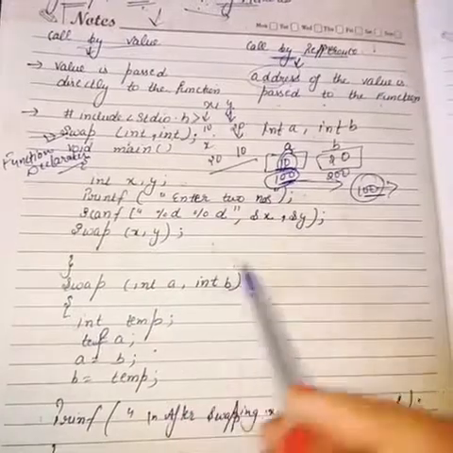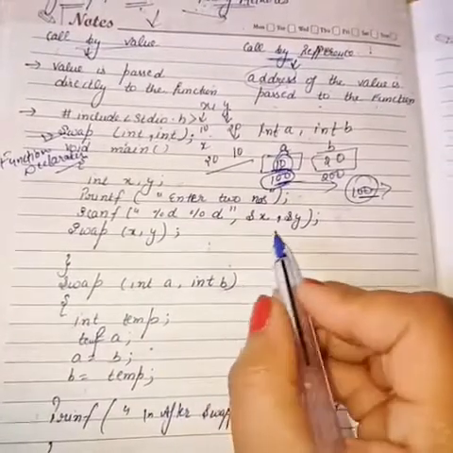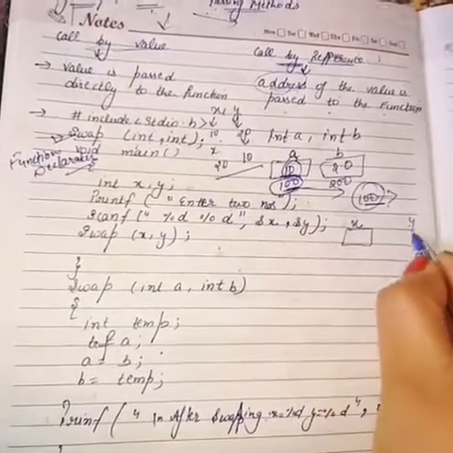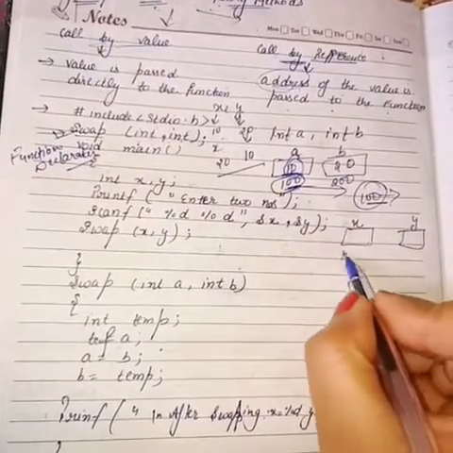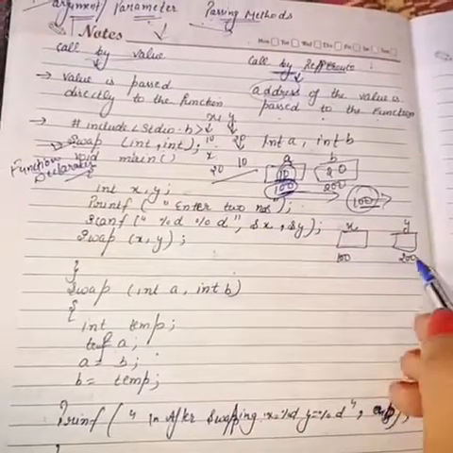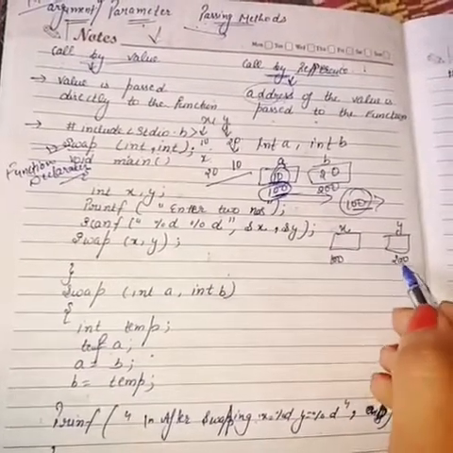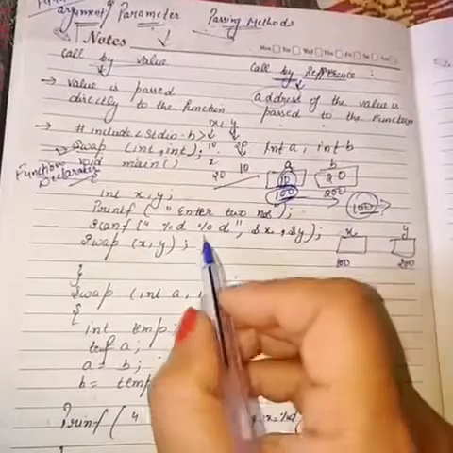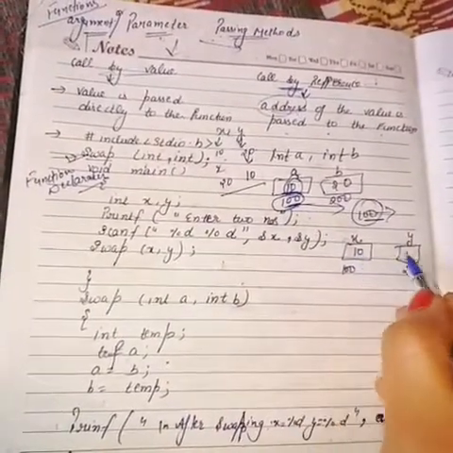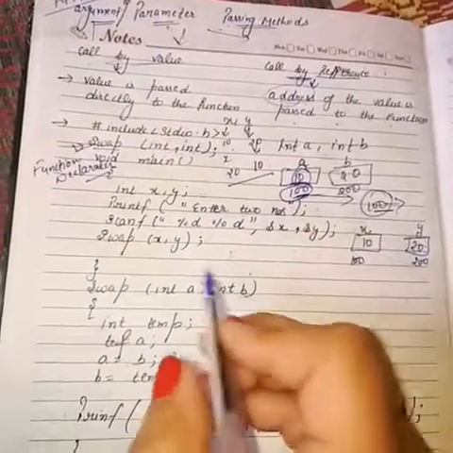It may enter the two values x and y. For example, x is entered and y is entered. x occupies the location 100 and y occupies the address 200. Two values are to be entered. For example, x equals 10 and y equals 20.